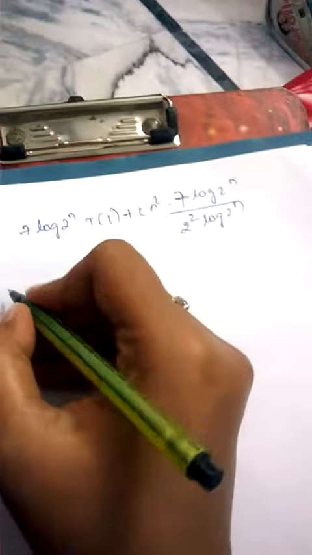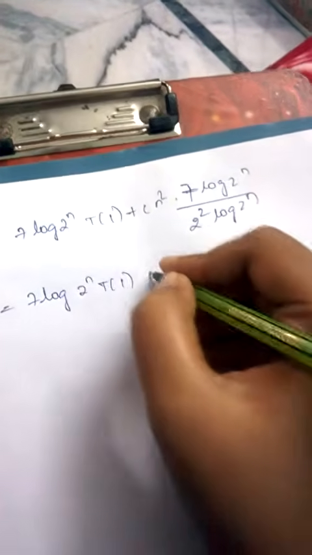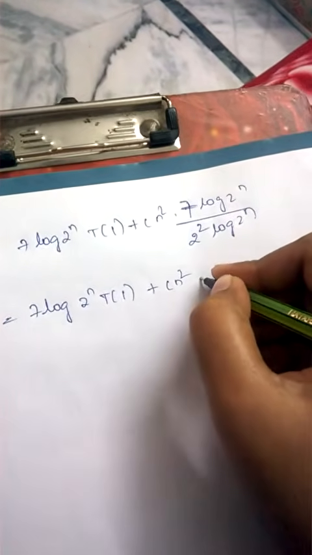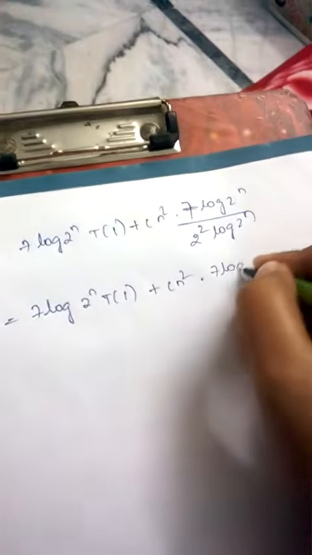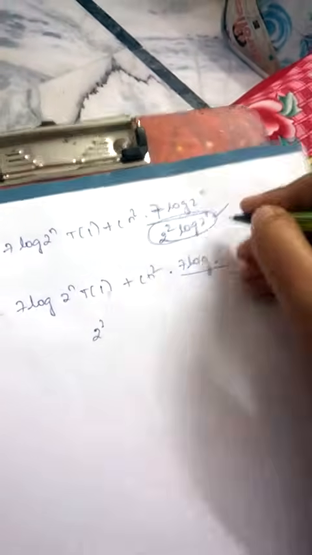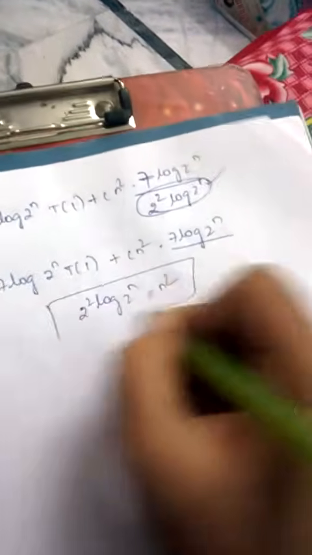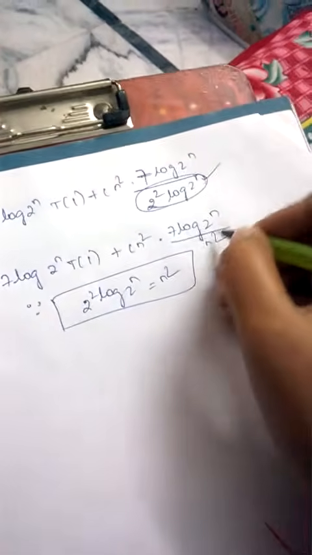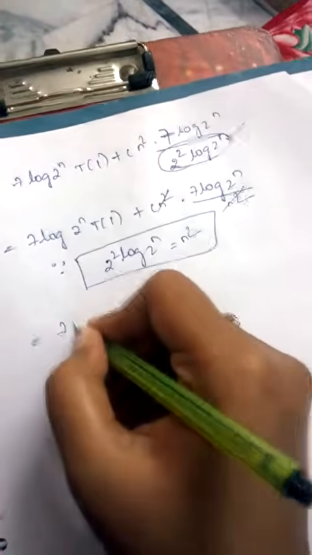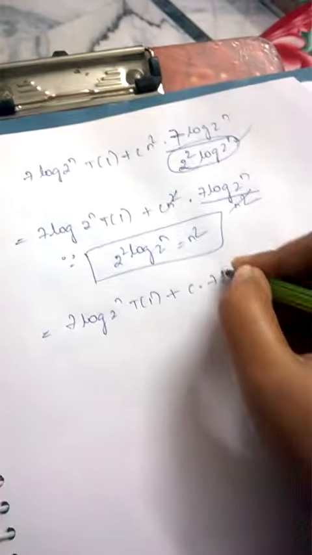Now let's see how to solve this equation. 7 power log n T(1) plus cn square into 7 power log n by, instead of this I can write n square. This is another formula. So n square cancels. So 7 power log n T(1) plus c into 7 power log n.